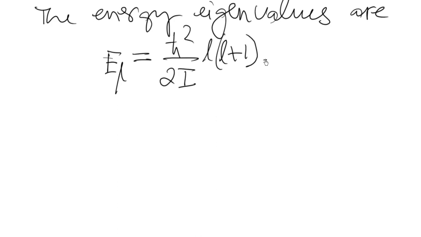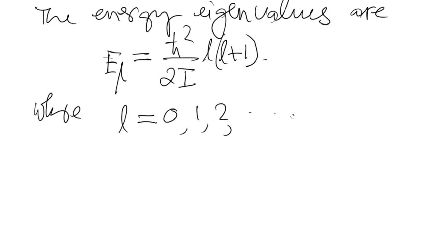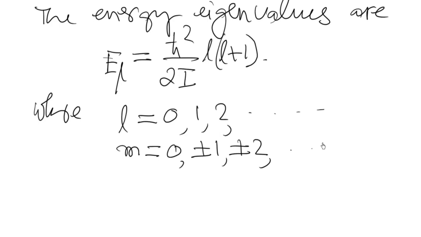The quantum numbers take values where L is 0, 1, 2, like this, and m is 0, plus minus 1, plus minus 2, and up to plus minus L.